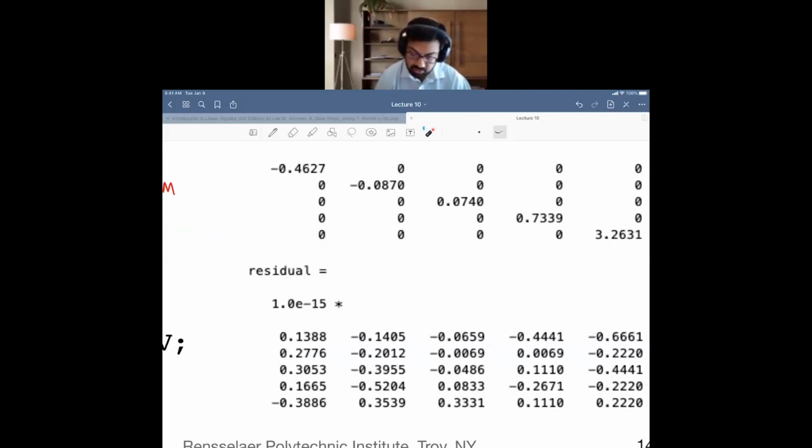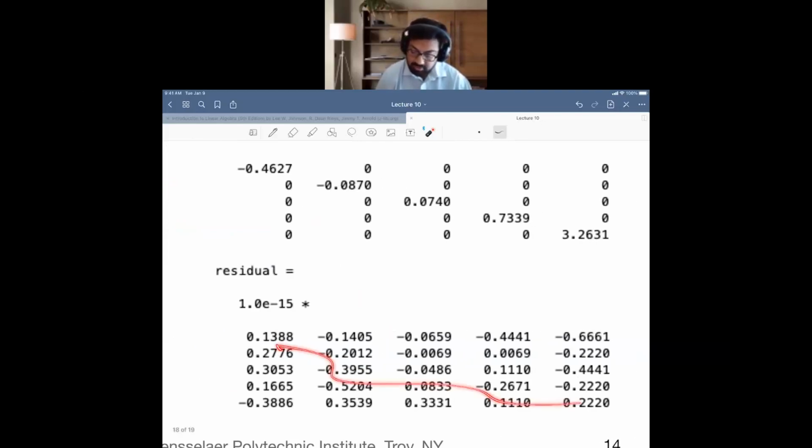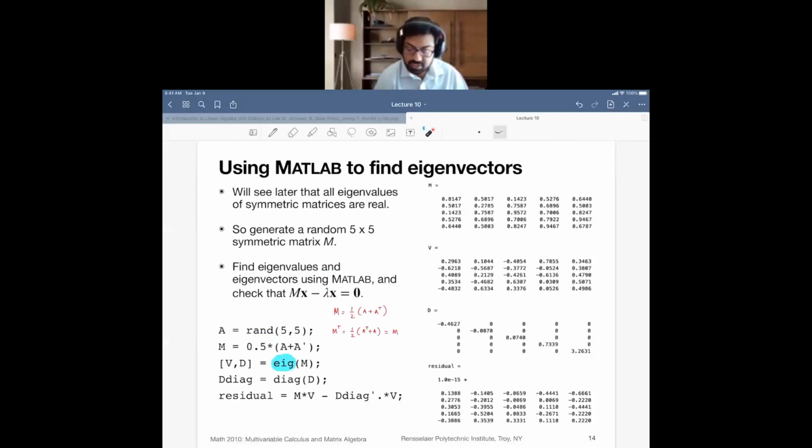You can see that the residual has all these elements, obviously non-zero, but everything is getting multiplied by 10 to the negative 15 over here. So for all practical purposes, this is a 0. There is a rounding error going on, which is why it is not giving you an exact 0. But you can see that it is 10 to the negative 15. So what that proves is these are the 5 real eigenvalues for these 5 real eigenvectors.